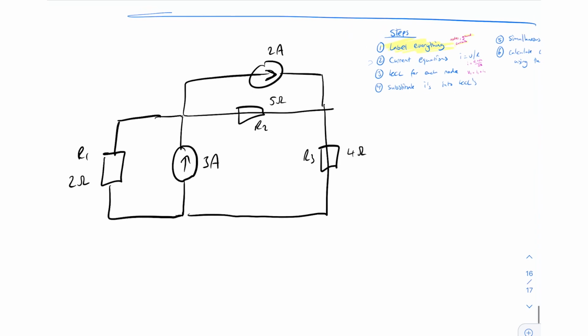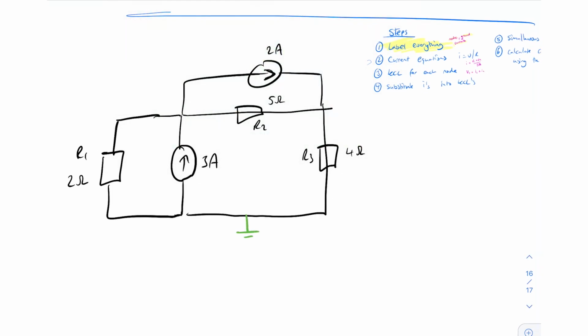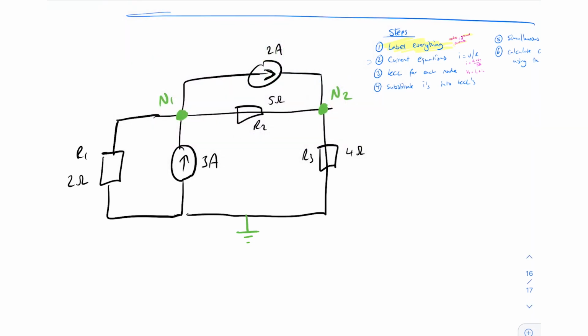So what we'll do is we'll put a ground first. We'll set ground to be at this point. We'll label our nodes: we'll call this one node 1, this one node 2. And then let's do some current.